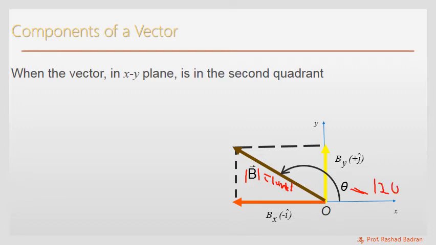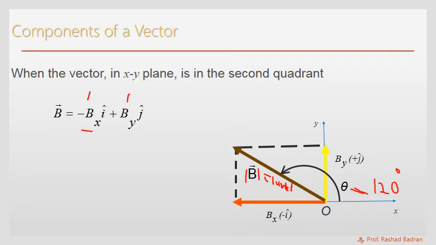In such case, how can we find the vector b? Well, the vector b can be written like this in terms of i hat and j hat, where here the x component is considered in the negative x-axis and the negative sign is embedded in the unit vector i.